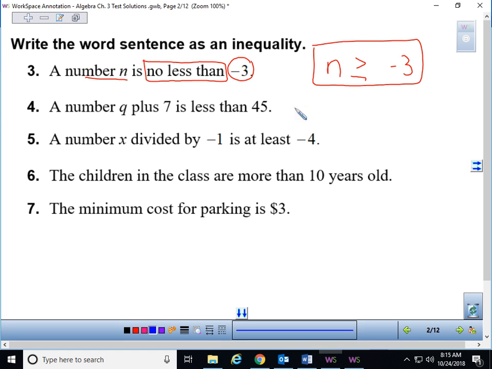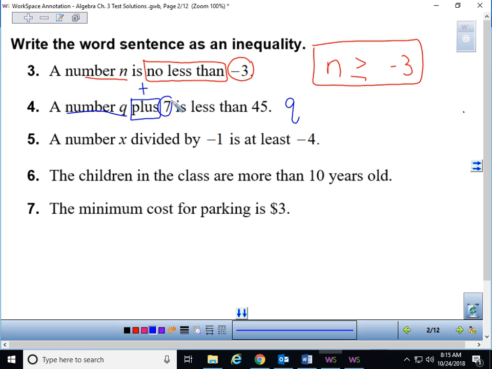Question 4 says a number q, again q is my variable, it's going to go here on the left. I'm going to make my q's a little curly because my q's tend to morph into 9s. So here's my curly q. A number q plus, ooh, something different there. Plus is a math operation, it's addition, so I'm going to draw a plus sign. Plus what?